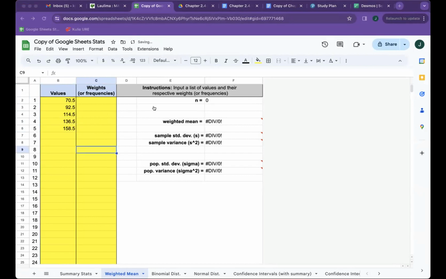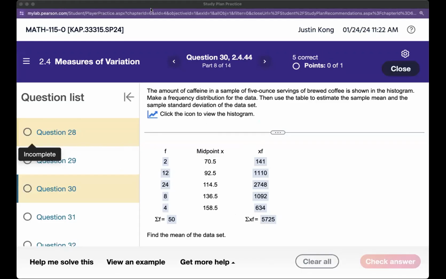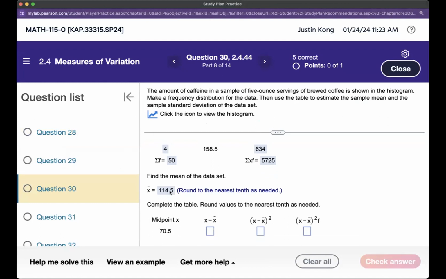Okay, and then we're going to repeat those frequencies. It was 2, 12, 24, 8. And the last one was 4. Okay, so when I do that, look what happens. The weighted mean, this is your X bar, 114.5. And that agrees with what we just calculated down here, 114.5. Okay, now to complete the table, round the values to the nearest tenth.